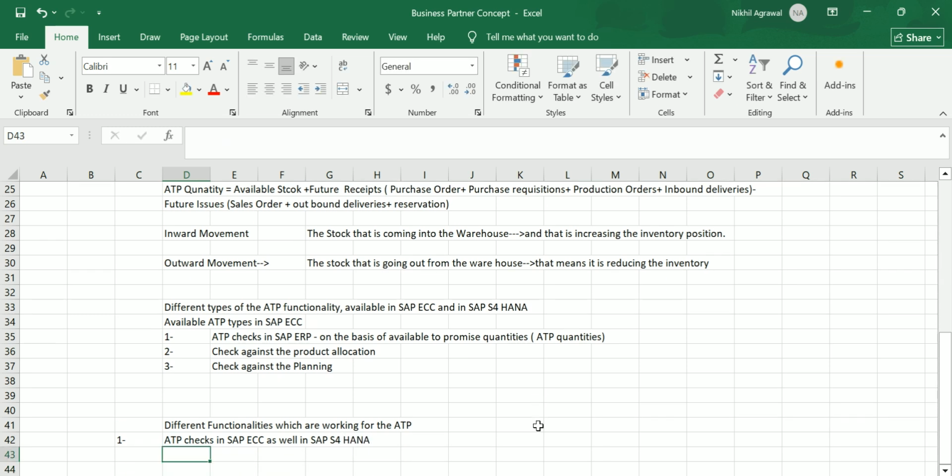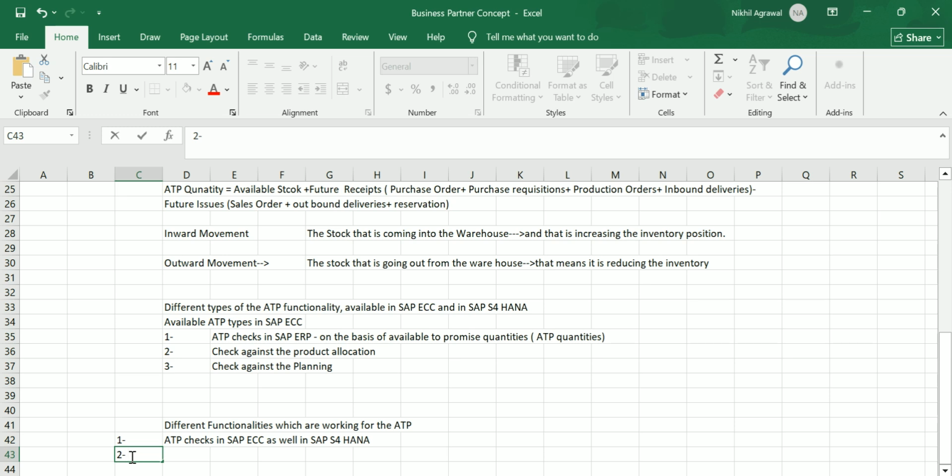Remember, this functionality is available in SAP ECC as well as in SAP S4 HANA, in both the products. SAP ECC is one product, and SAP S4 HANA is the successor of SAP ECC.